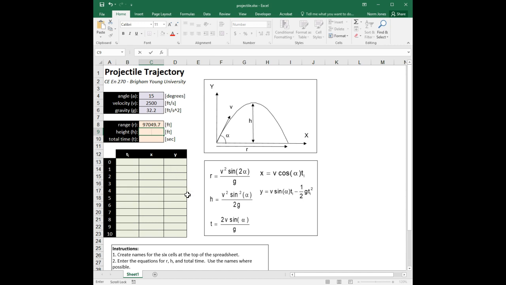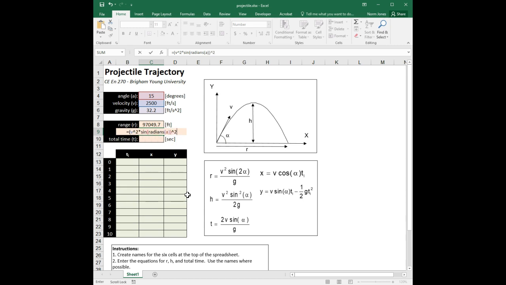So I'm going to do things a little bit differently this time. I'm going to put everything in the numerator in parentheses and everything in the denominator in parentheses. So I'm going to type equals open paren V squared. Again, I can just type V. I don't have to do anything else. And I've got the velocity times sine radians A, and now I need to square that.